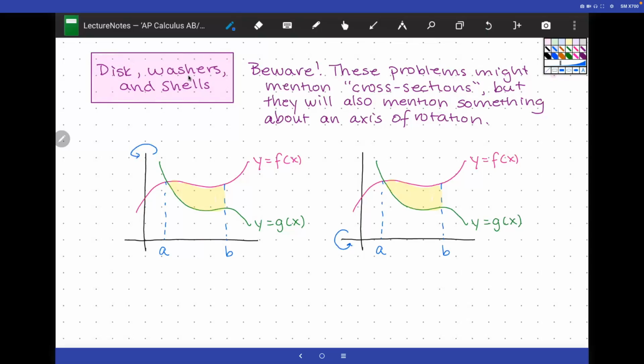Anyway, we're going to rotate the first picture by the y-axis. Don't say anything out loud, but think to yourself. Would this be easier done by discs, washers, or shells? I'm going to put discs and washers together. We'll say discs, washers, shells.